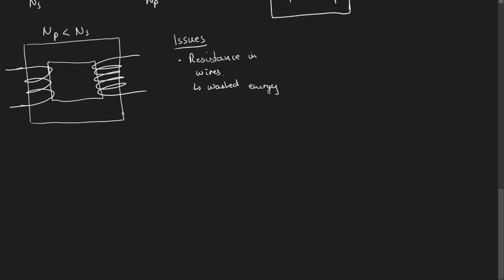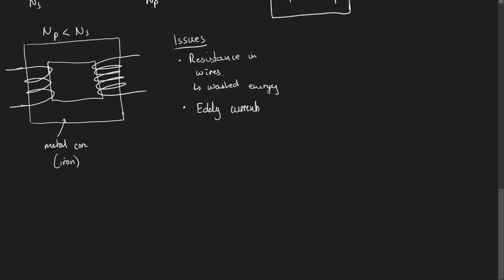Okay, now the rest of the issues aren't as straightforward as this because they involve this metal core. So this metal core, we actually can now specify that this is usually an iron core. Now the second issue that we have is something called an eddy current. Now eddy currents are also going to be a manifestation of an electromagnetic induction where we don't want to have an electromagnetic induction. We are trying to make sure that we have electromagnetic induction occurring in this secondary coil.